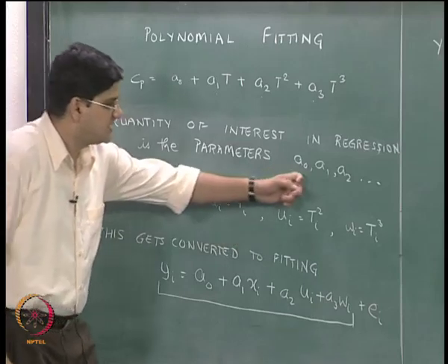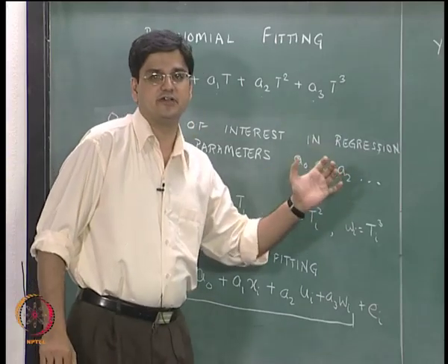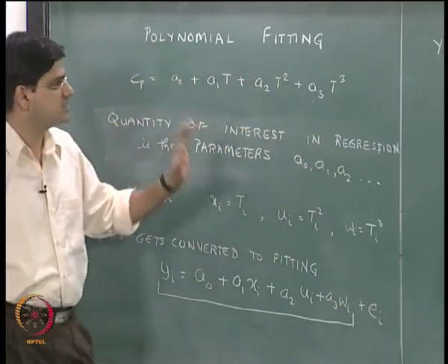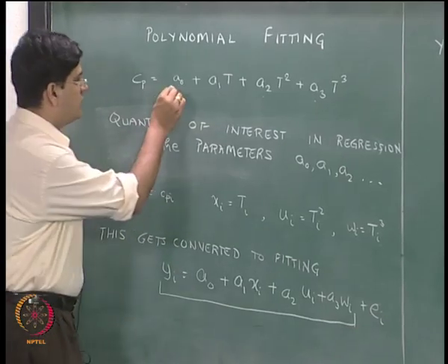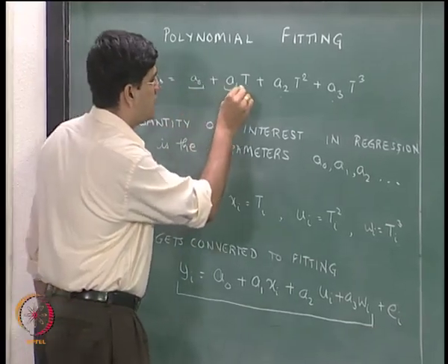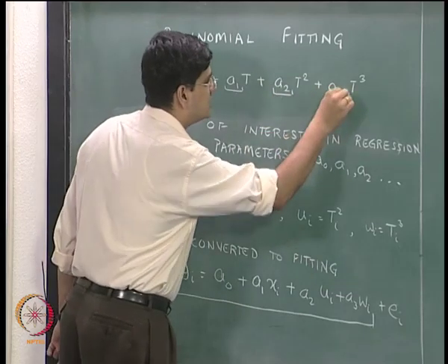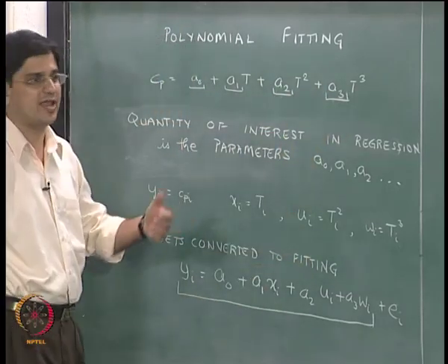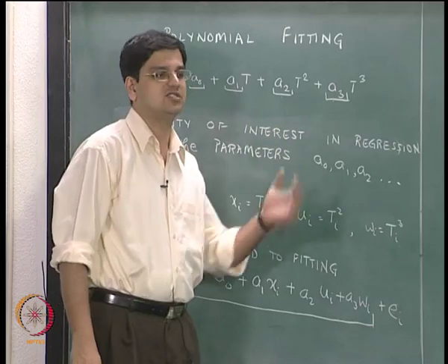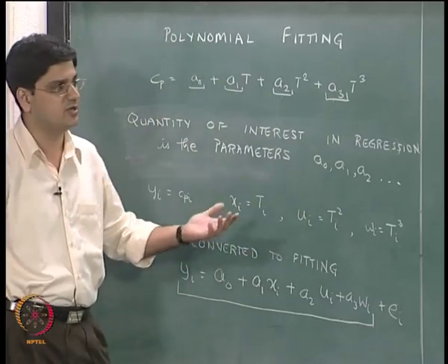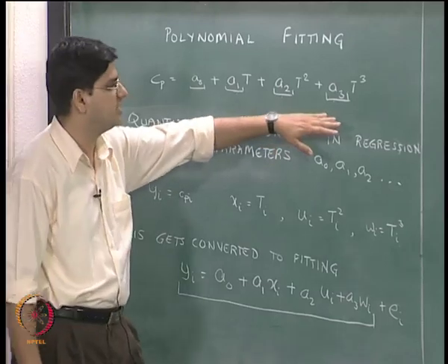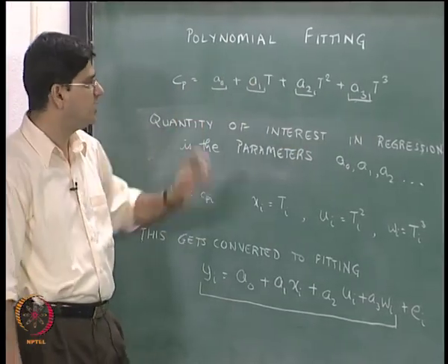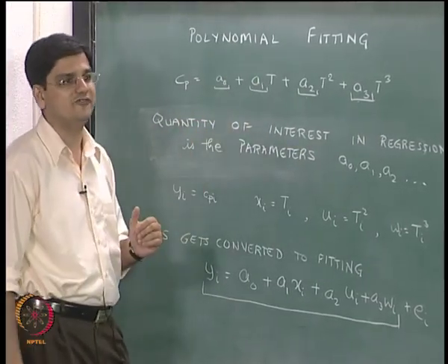So our overall expression has to be linear in parameter space. If we look at the parameters a0, a1, a2, a3, there is no term a0 squared or a1 squared or a2 squared or something to the power a0, a1, a2, and so on. As a result, the polynomial fitting that we have is still a linear fitting.